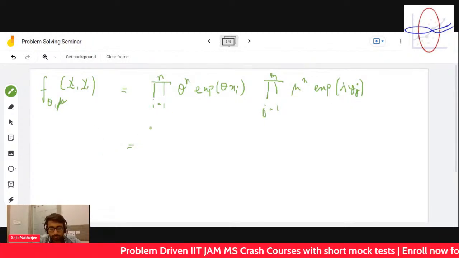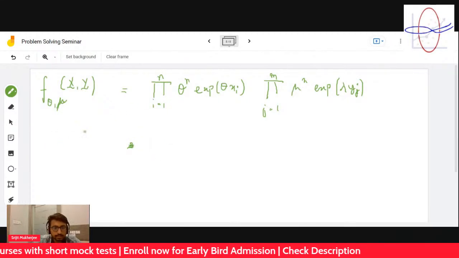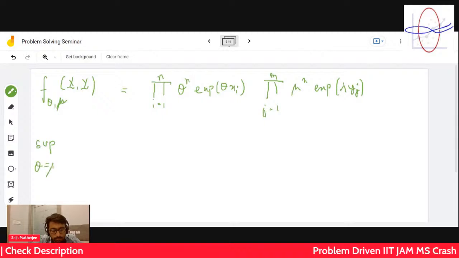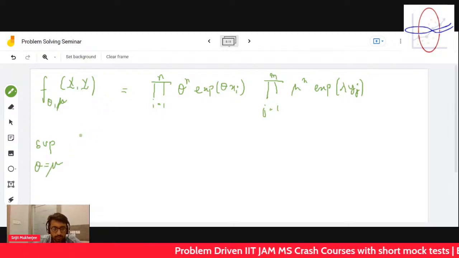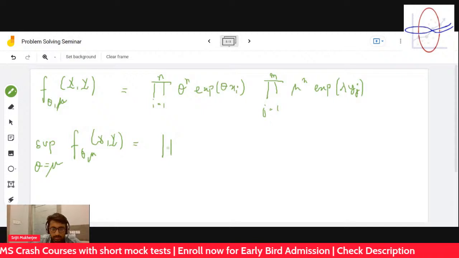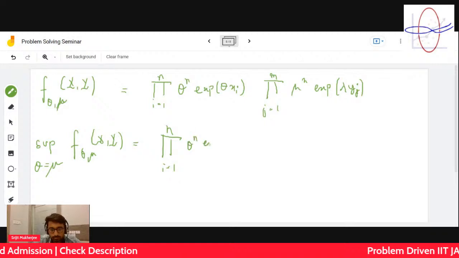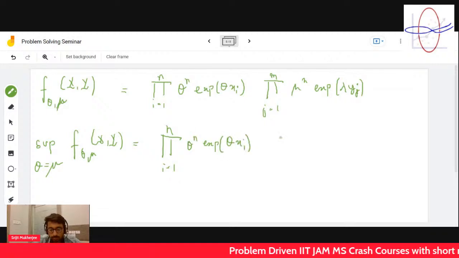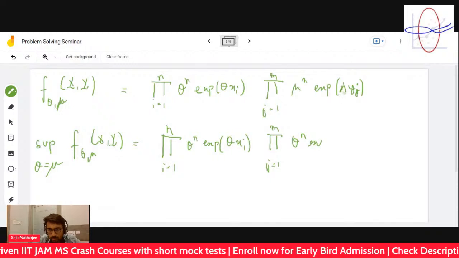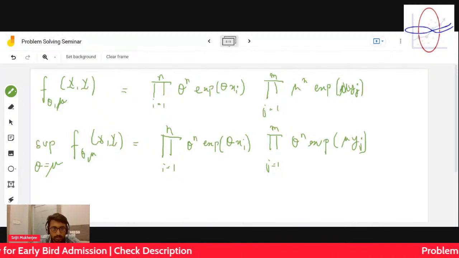Let's write it down properly. So the upper one, the supremum, where theta is equal to mu under this: the product over i from 1 to n, theta is equal to mu, so let's replace it by theta only, and j from 1 to m, theta to the power m exponential, this will be mu, I'm so sorry, exponential mu yj.